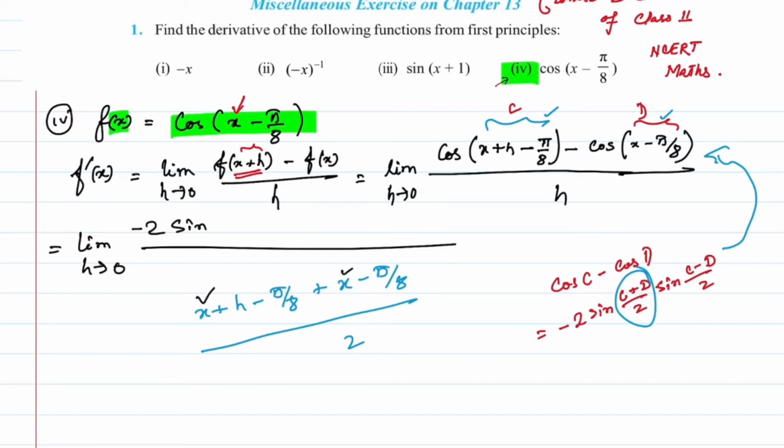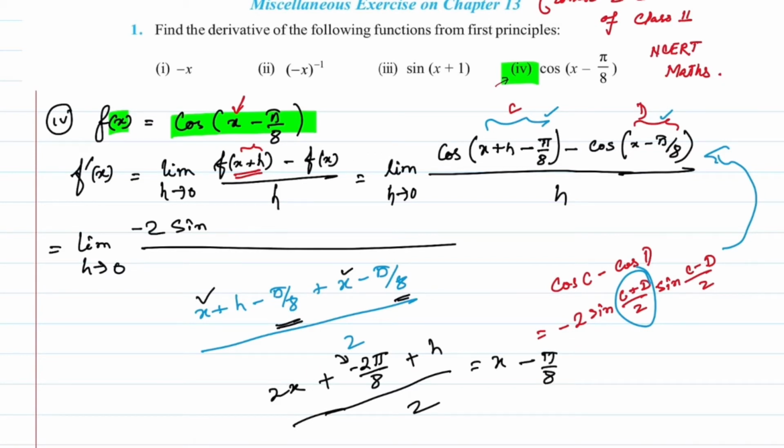So here we will get x plus x, twice x, plus minus pi by 8 minus pi by 8, we can write minus 2 pi by 8, plus h by 2. And after dividing the numerator by the denominator, you will get x minus pi by 8 plus h by 2.